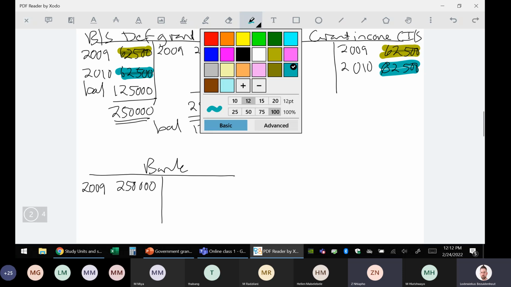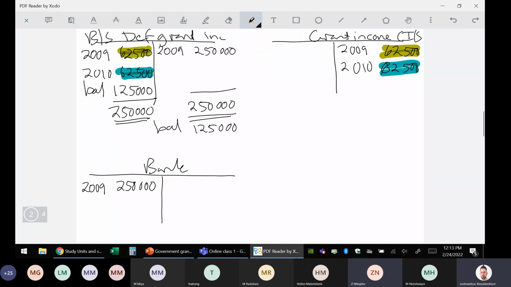All right, now we have to repay the grant. So when we have to repay the grant, what's the rule? The bank needs to be credited with 250,000. That's the easy part. Because remember, we don't meet the conditions of the grant anymore.